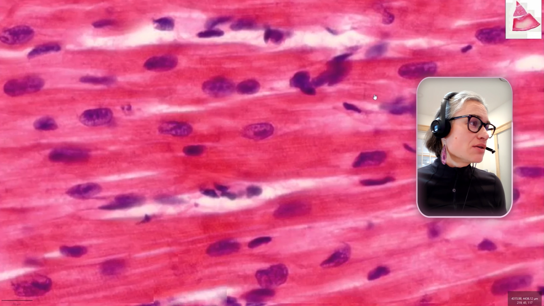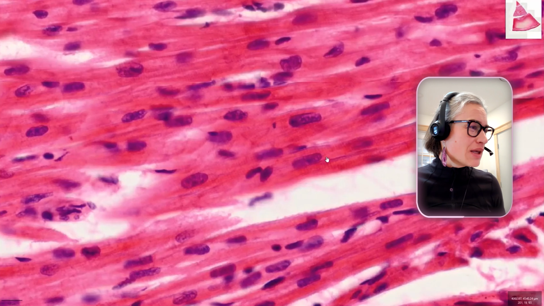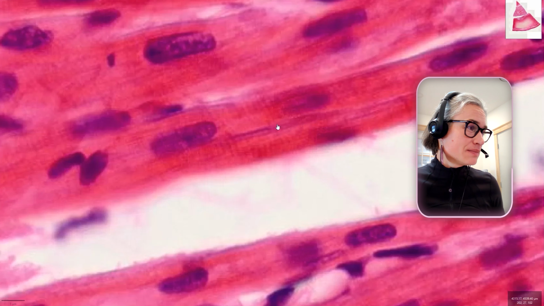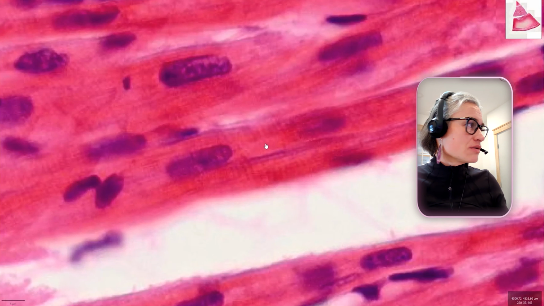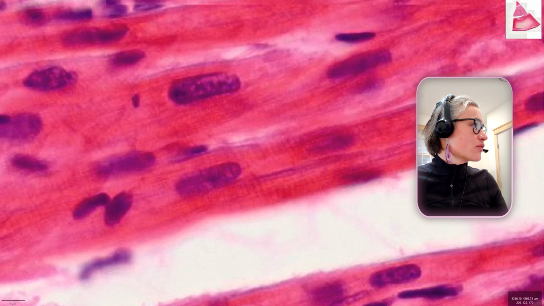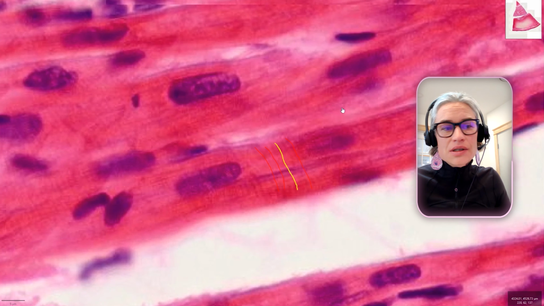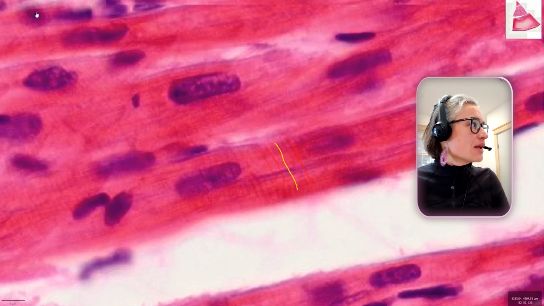Striation. Let's look at if we can see the striation here. Yes, I see it here. And this is digital zoom. Here I see these striations, and let me draw them for you on the image here, like this. You're going to start seeing them here. This is hematoxylin and eosin scanned at 40x actually.